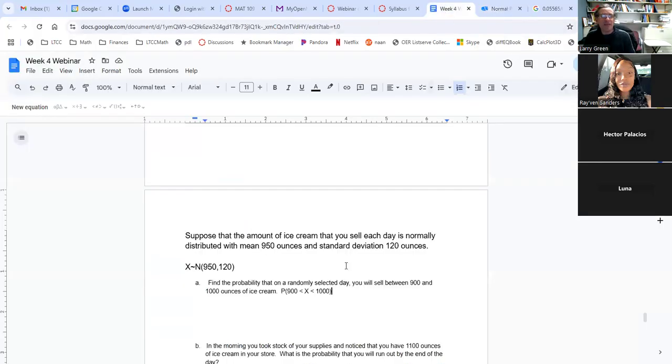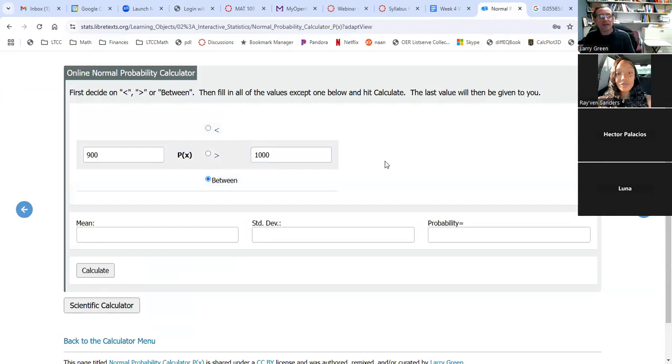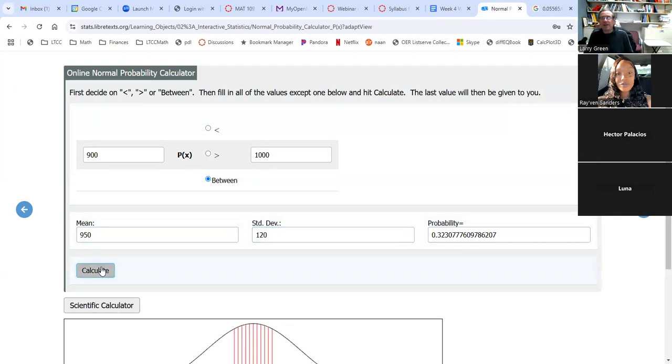The mean was 950 and the standard deviation is 120. Hit calculate. And there we go. Maybe I'll keep 2 decimals, good enough. 0.32, because as an ice cream salesperson, 2 decimals is just fine. 32% chance.